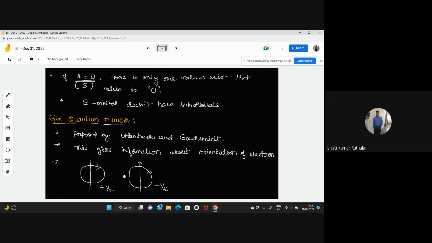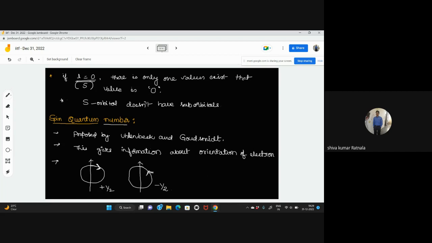It's not a diagram. See, for example, say this is the mean position of the electron. With respect to the mean position, this is the indication of clockwise, and this is the indication of anti-clockwise.